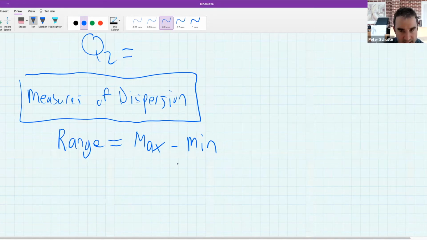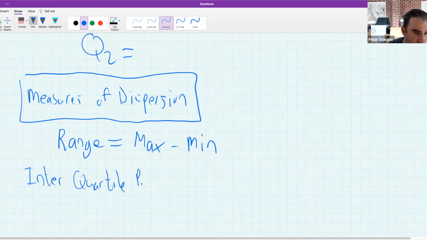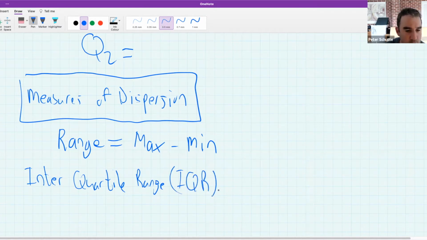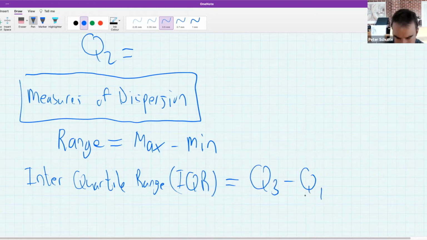The other way that we measure how spread out the data is using something called the interquartile range. I haven't even explained what quartiles are to you guys, so we're going to give it some time in the lesson today. Often we call this thing the IQR, and the IQR is simply the third quartile minus the first quartile.